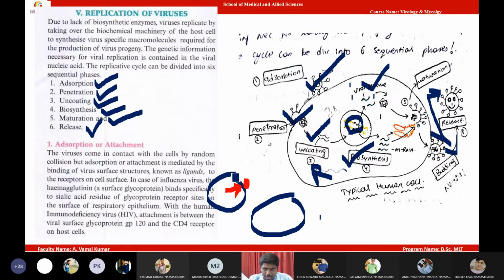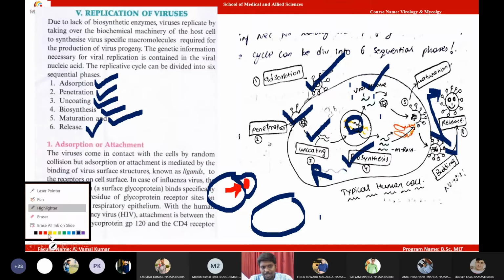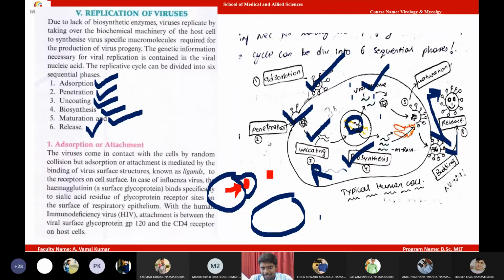When the virus ultimately comes outside, it will come along with the cell membrane. So when it comes out, it will acquire a portion of the cell membrane around it. We say enveloped viruses have a membrane. Actually, that membrane belongs to the living cell. That is our own cell membrane, which was taken by the virus. Such release of viruses is called budding.